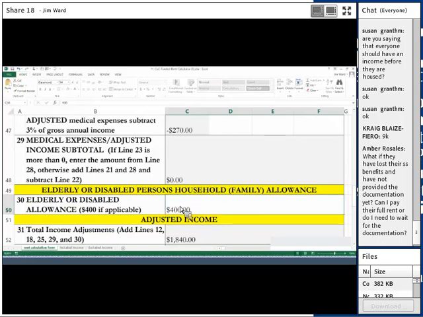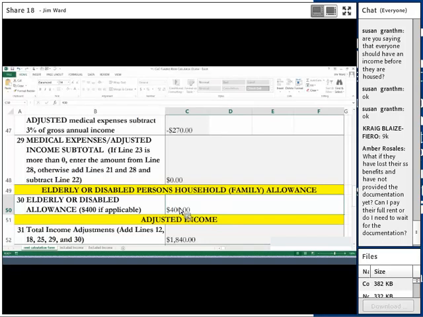For permanent supportive housing projects or elderly or disabled heads of household, they will get a $400 deduction or an allowance, if you will. The worksheet is auto-populated with this $400 in here.